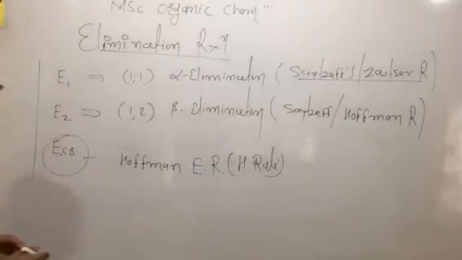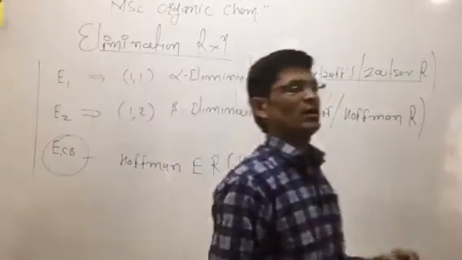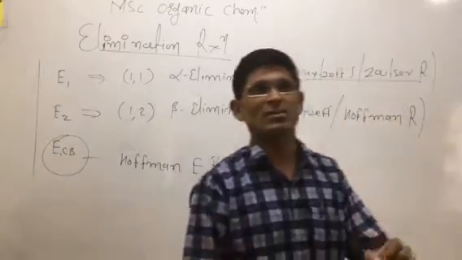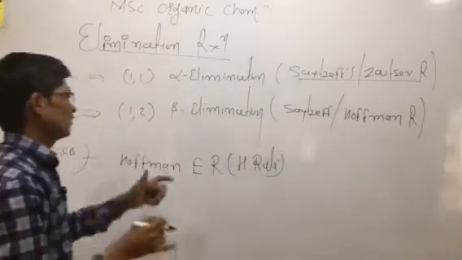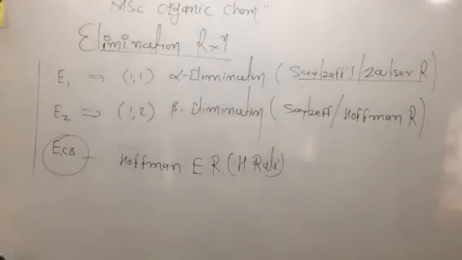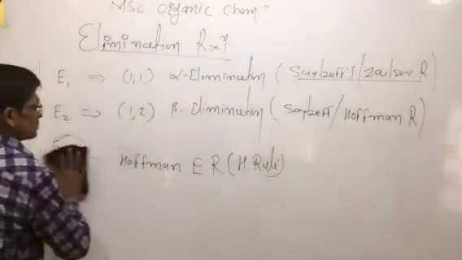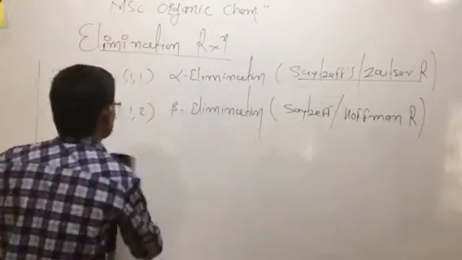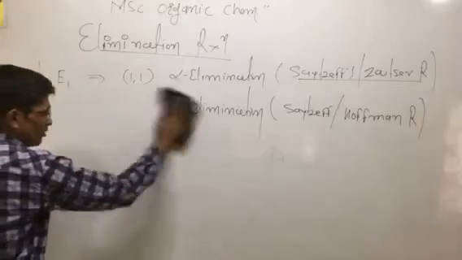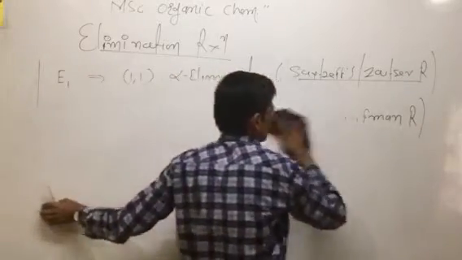So we are discussing what the E1 reaction is and what the E2 elimination is. The E1 reaction is called 1,1 elimination, that is alpha elimination, while E2 elimination is known as beta elimination or 1,2 elimination.